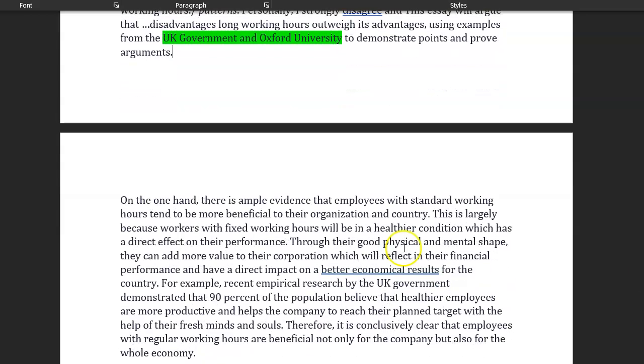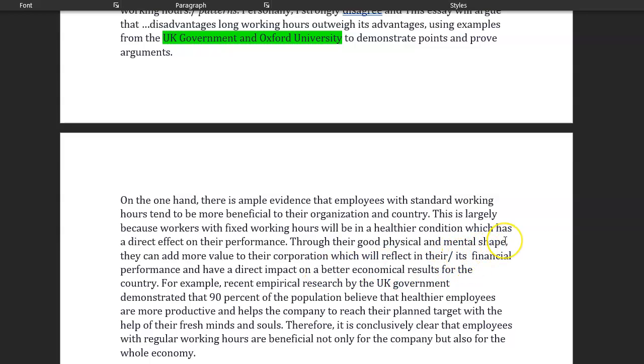On the one hand, there's ample evidence that employees with standard working hours tend to be more beneficial to their organisation and country because workers with fixed working hours are in a healthier condition, which has a direct effect on their performance. Through their good physical and mental shape, they can add more value to the corporation, which will reflect in their financial performance and have a direct impact. Nice. In its, so its is the company, financial performance of the company, okay, not there.